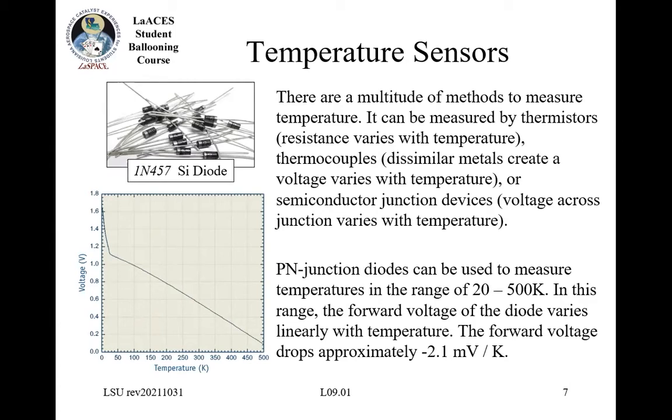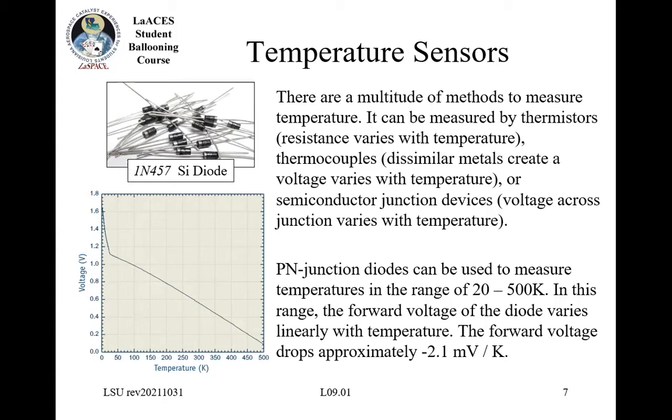Temperature sensors, there are many different types of temperature sensors. You guys already worked with one. You used a thermistor. That is something whose resistance changes with temperature. You may have heard of or used a thermocouple.